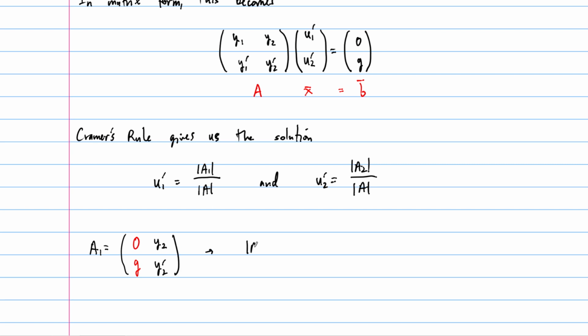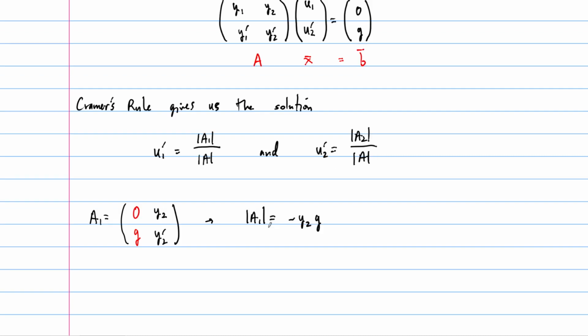This means that the determinant of A1 is just negative y2 times g. Similarly, A2 we get by replacing the second column: y1 and y1 prime stay the same, and we replace the second column with 0 and g. The determinant of A2 is positive y1 times g.